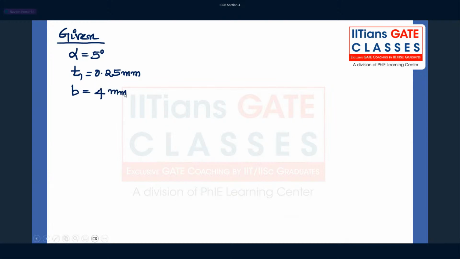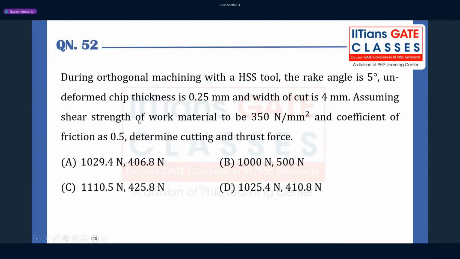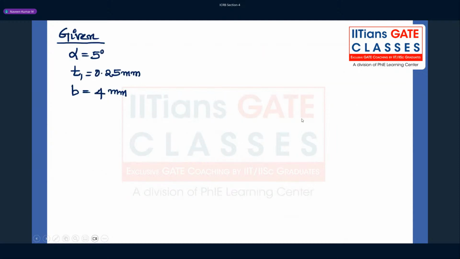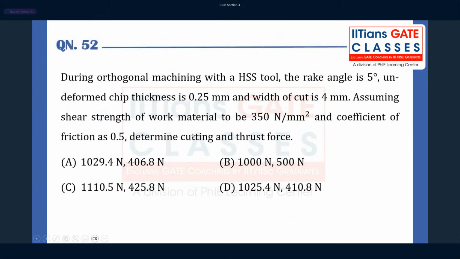Next, assuming the shear strength of the work material is 350 Newton per mm square, shear strength is denoted by tau s, which is 350 Newton per mm square. I hope this is all that has been given.